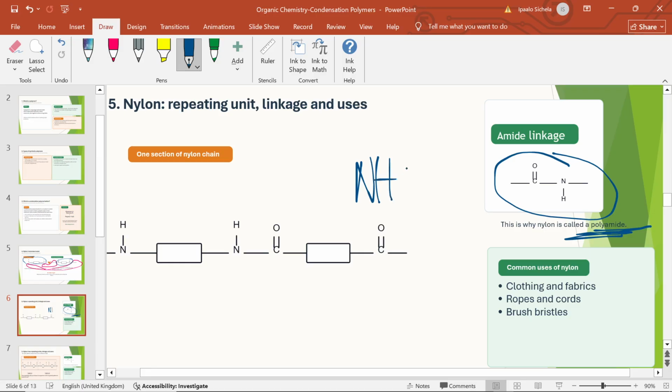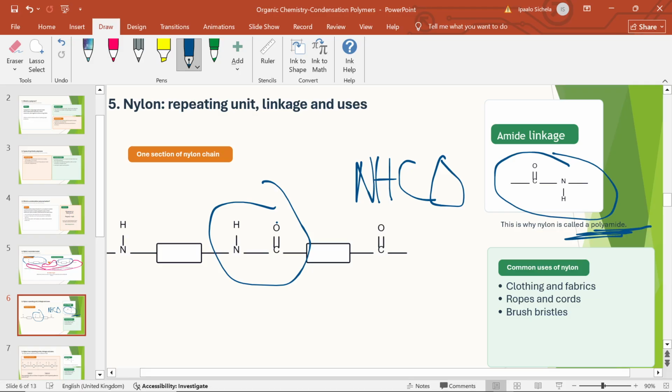NHCO is the amide linkage. Let's see if our diagram has the amide linkage. It's right here. If your diagram of nylon doesn't have an amide linkage, NHCO, then you know that you've made a mistake somewhere.